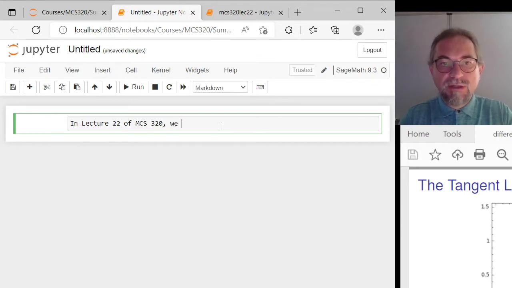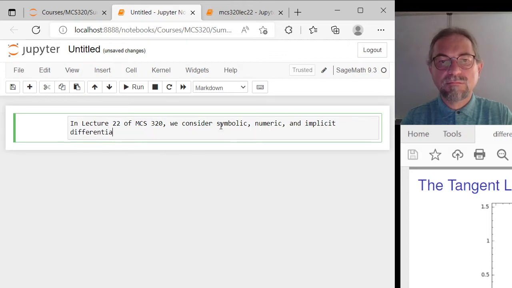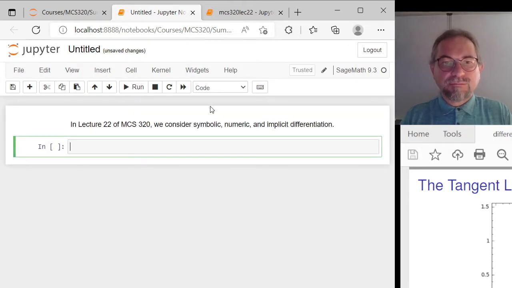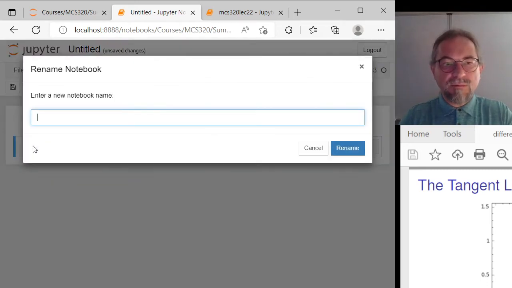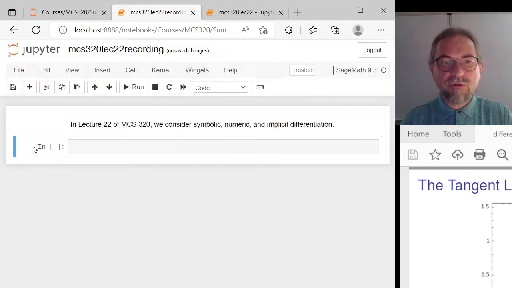So we consider symbolic, numeric, and implicit differentiation. So this is the notebook that I'm using for my recording.